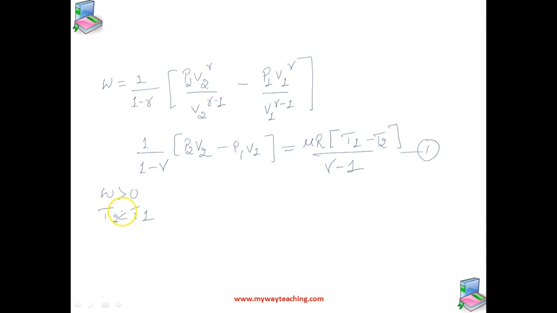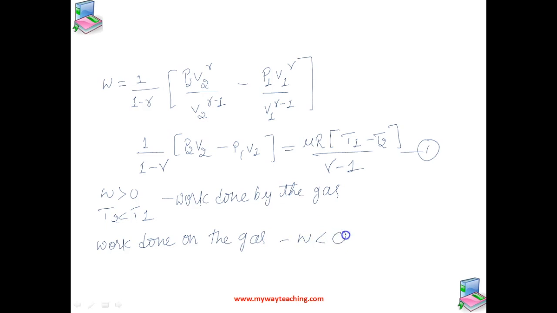On the other hand, if work is done on the gas, W is less than 0 and T2 is greater than T1.